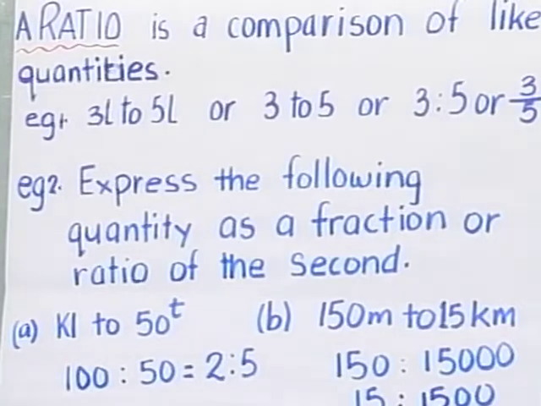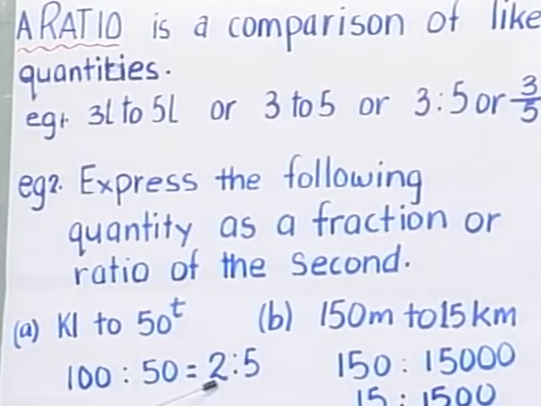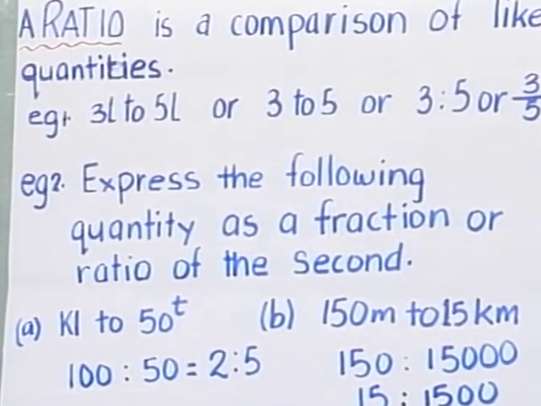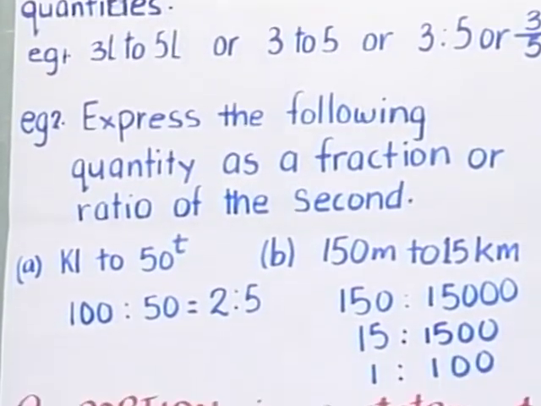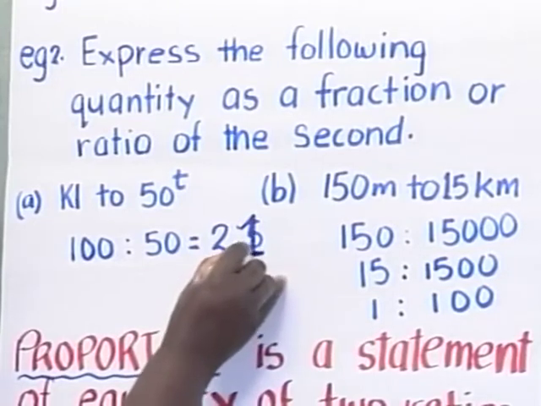You have to change the quantities to the same units before you write it as a ratio. So 100 toya to 50 toya is the same as, not 2:5, what should it be? 2:1.